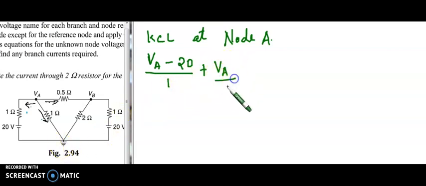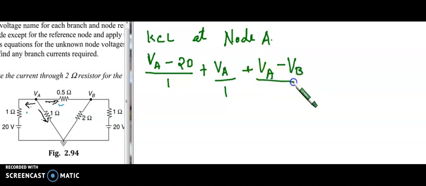So VA by 1 plus, now the current in this branch, VA minus VB by 0.5 is equal to 0.